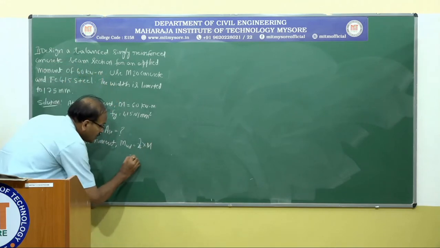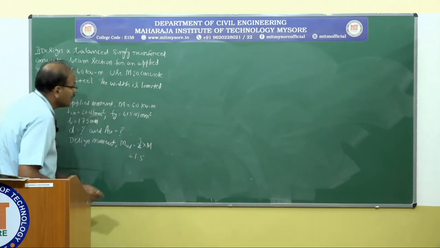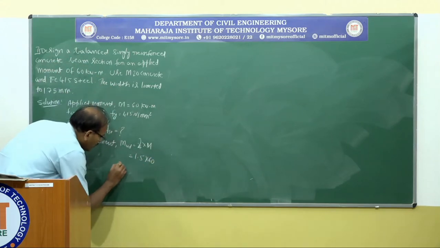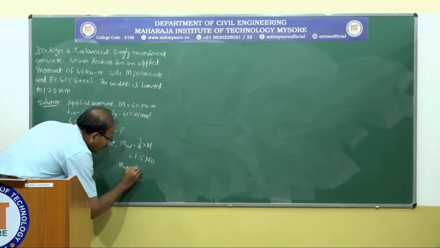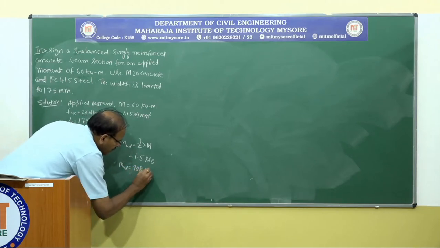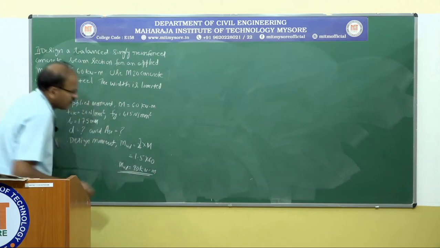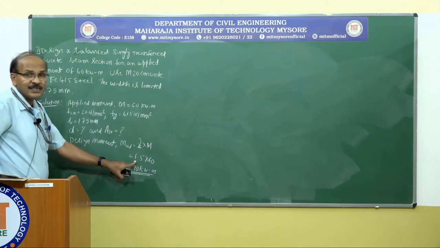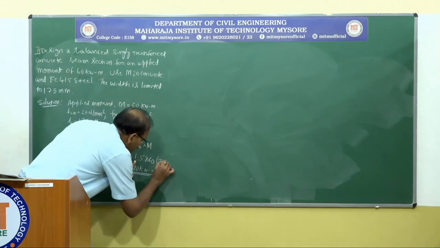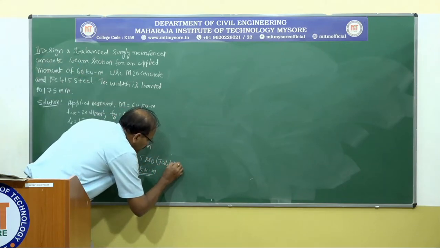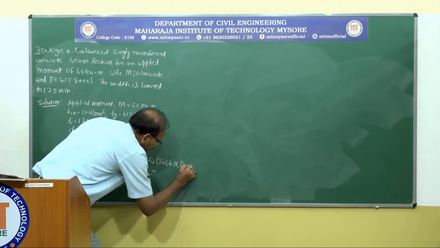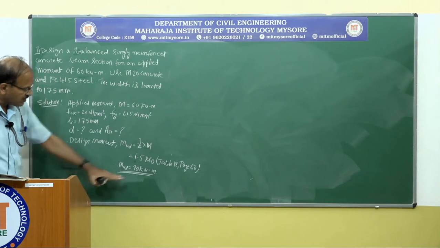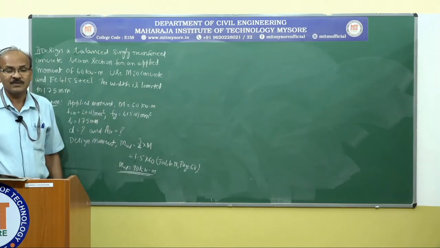So gamma f is 1.5, M value is 60, therefore Mu equal to 90 kilonewton meter. So where did we get this 1.5? That is from Table 18, page 68. So this is the design moment.